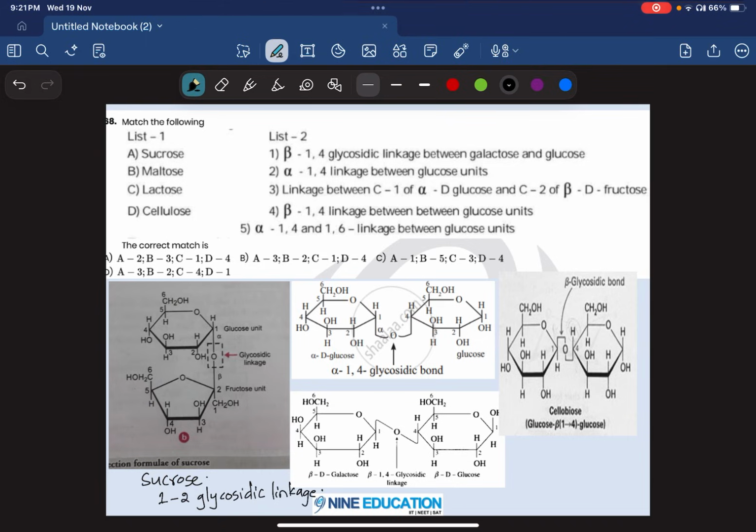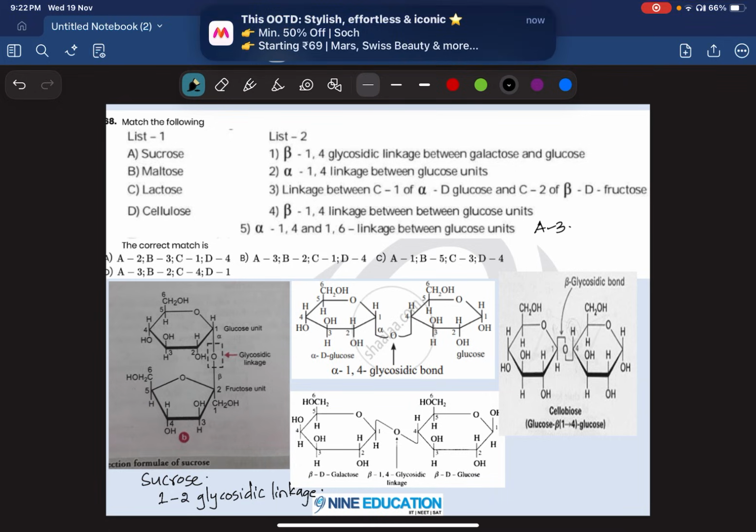So for option A in list 1, the correct option is option 3. Then for B, maltose. Maltose consists of 2 units of alpha glucose.